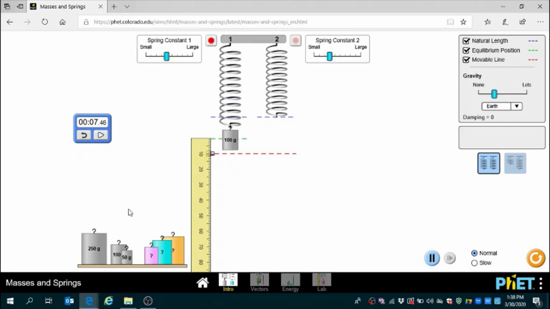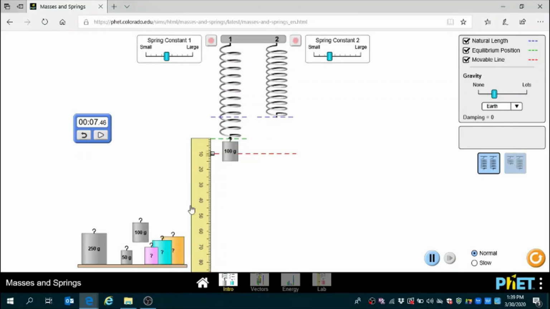Now we have a 0.75 second period. That is definitely slower and a longer period than the 50-gram mass had. So doubling the mass apparently makes for a longer period, but not one to one.